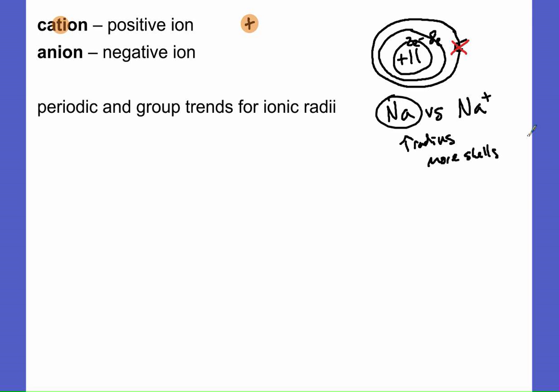So otherwise, we also need to know what happens with a nonmetal, because nonmetals tend to gain electrons, not lose electrons. So let's say we have that oxygen this time, right? So I have 8 protons. I'm going to have 2 electrons in this innermost shell. I'm going to have 6 more electrons in a second shell.